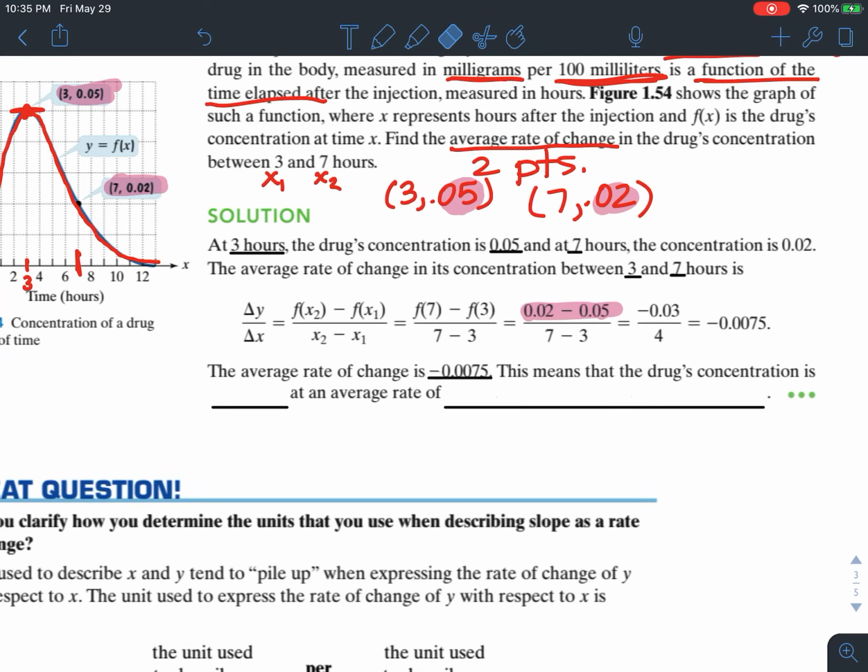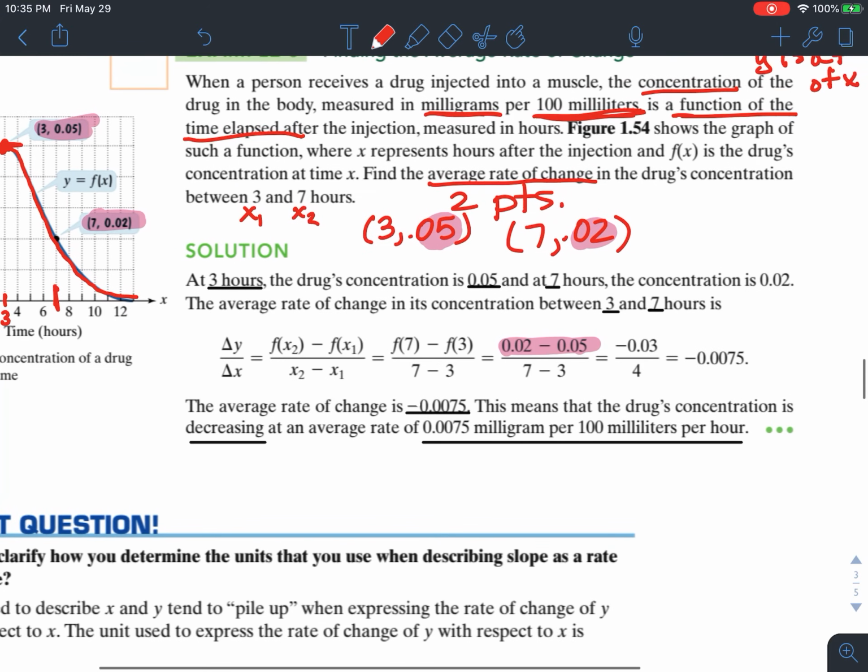This means that the drug's concentration is decreasing, because it's negative, at an average rate of the blah, blah, blah. Okay, but again, you don't have to get crazy, because it's concentration per hour, right? I mean, it's the simplified version here.